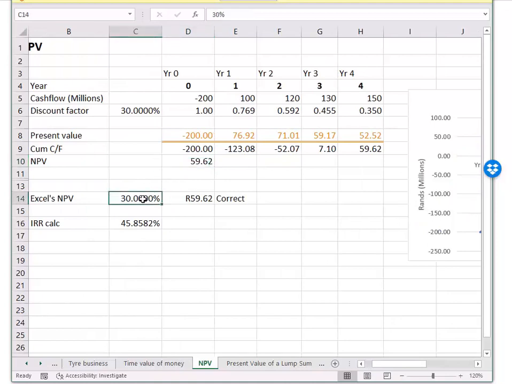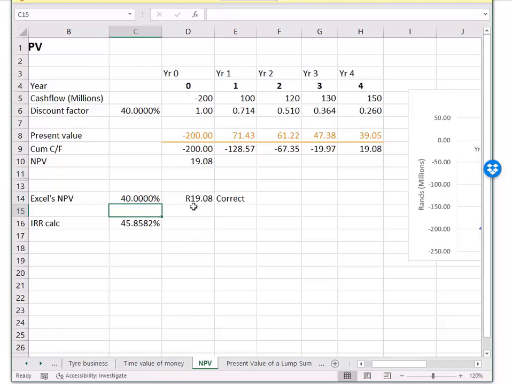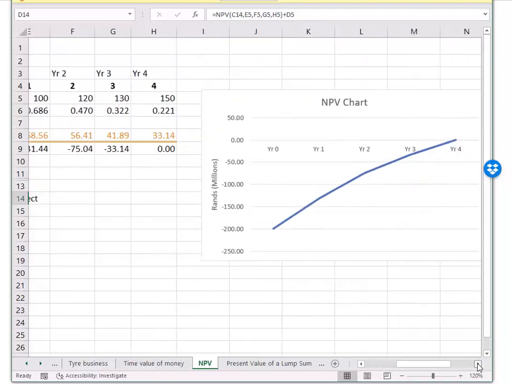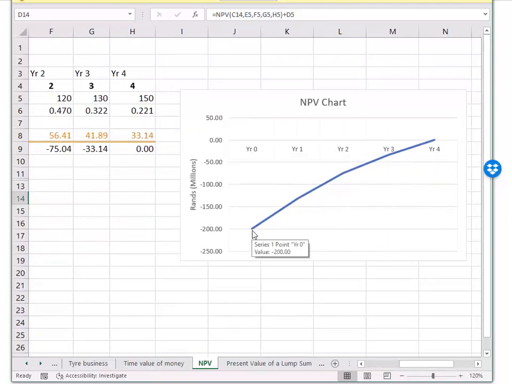We could say, what happens if this is at 40%? And you'll notice this is heading down towards 0. We might say 45%. And what if we said 45.8582? Well, you'll see this number comes all the way down to 0. And the graph shows the cash flows going from minus 200, finishing exactly on the horizontal line.